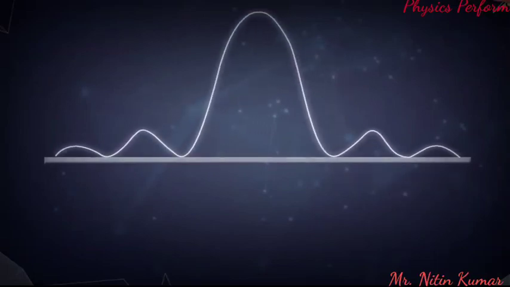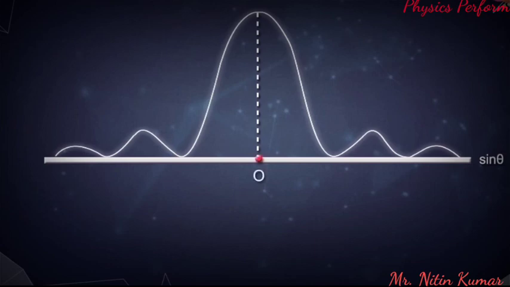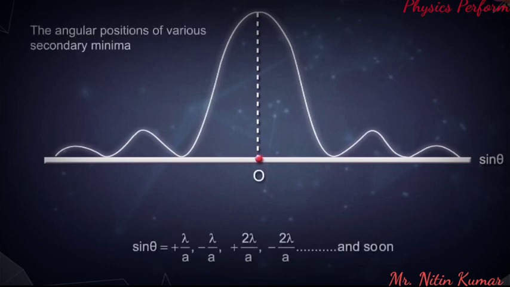The figure here shows the intensity of the diffraction pattern for a single slit for various angular positions sin theta. The pattern has a central bright maximum formed at point O. The angular positions of various secondary minima are sin theta is equal to plus lambda by a, minus lambda by a, plus 2 lambda by a, minus 2 lambda by a, and so on.